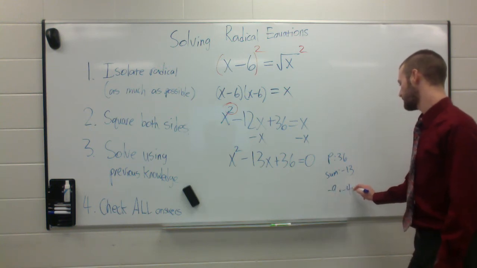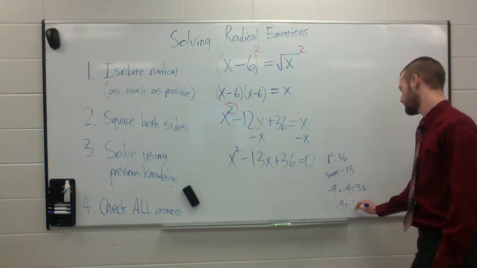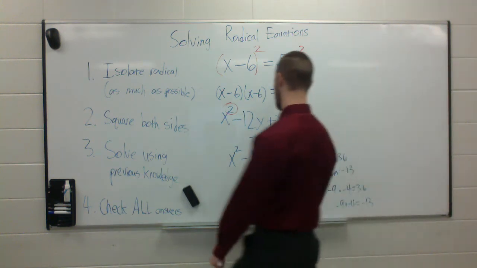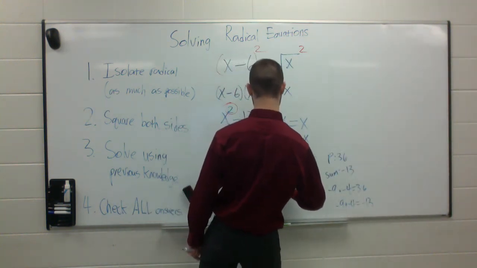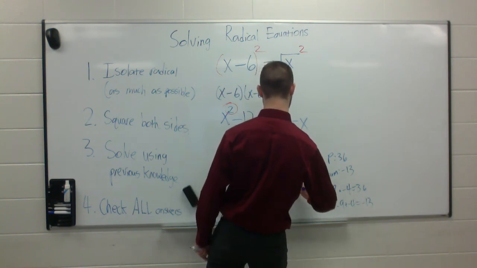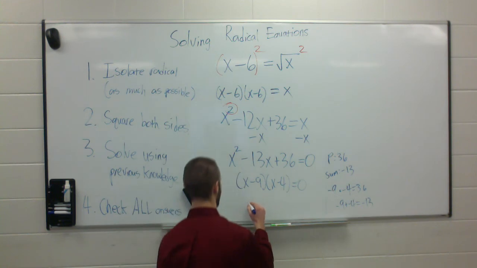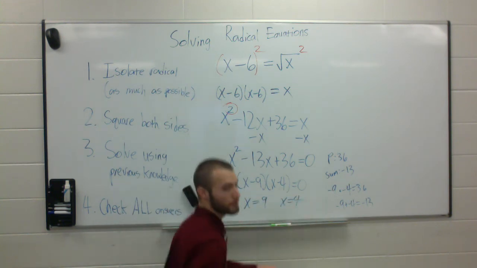Negative 9 times negative 4 is 36. Negative 9 plus negative 4 is negative 13. So this factors to x minus 9 times x minus 4 equals 0. Which means my two solutions are x equals 9 and x equals 4.